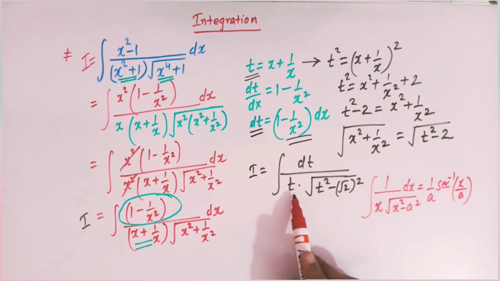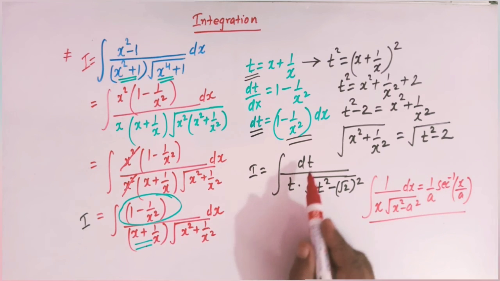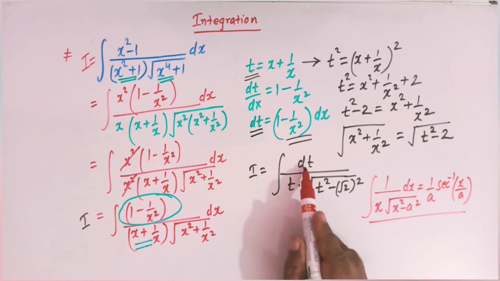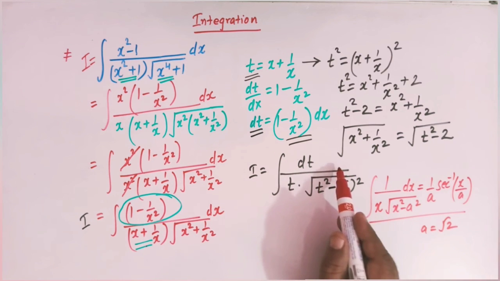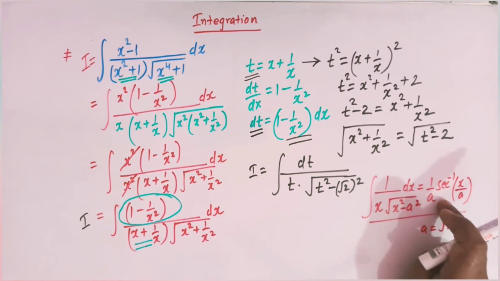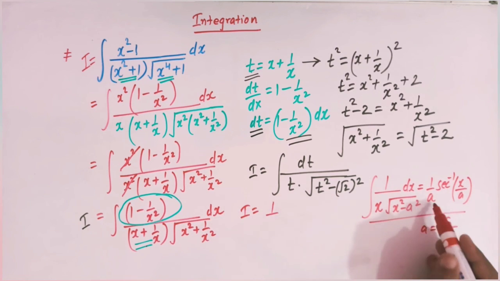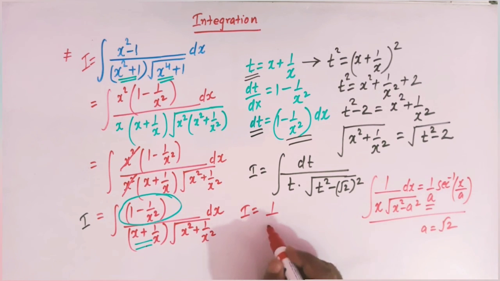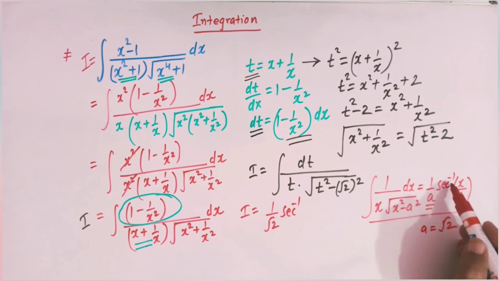So here we can now use the standard result. Here we have the integral in terms of t, and for a we have square root of 2, right? So the value of this integral from this formula is 1 over a, where a is the square root of 2, times secant inverse of x over a.